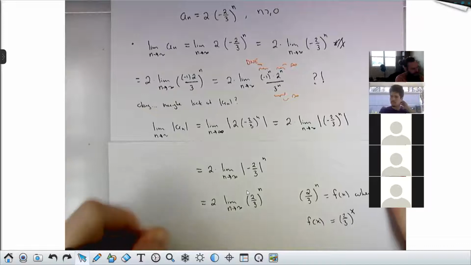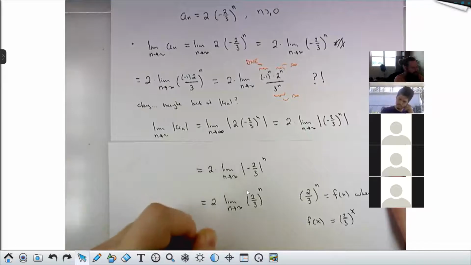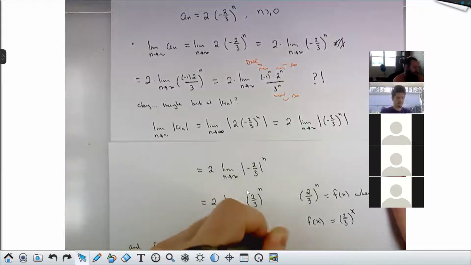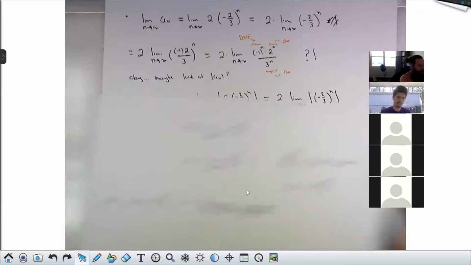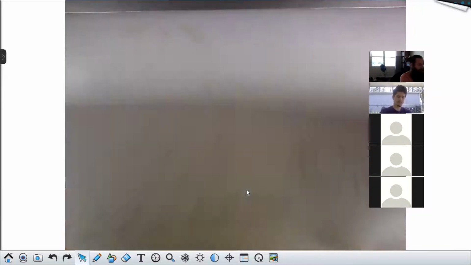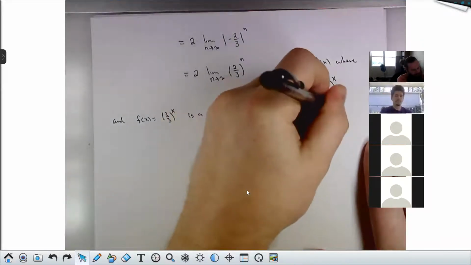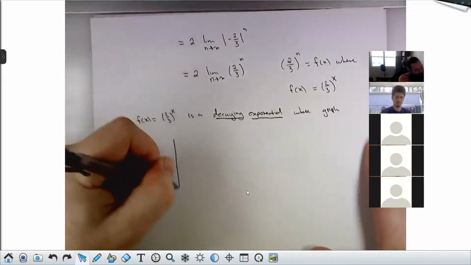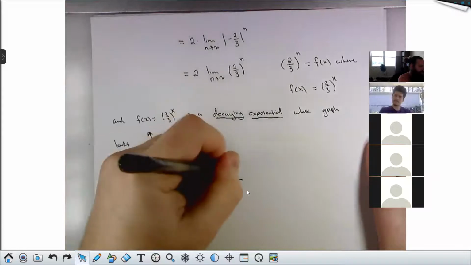And f of x equals 2/3 to the x is a decaying exponential, whose graph always looks like this.